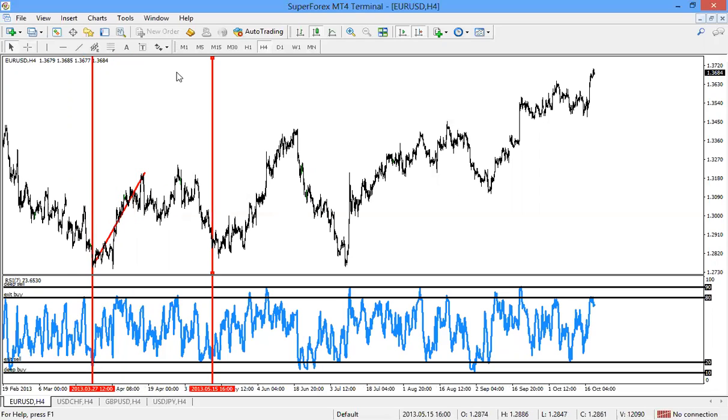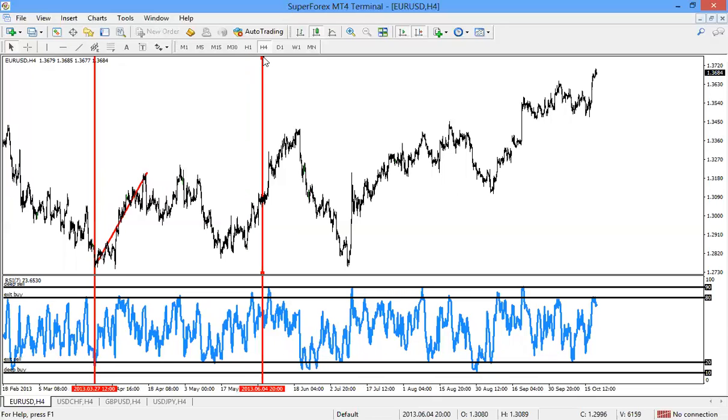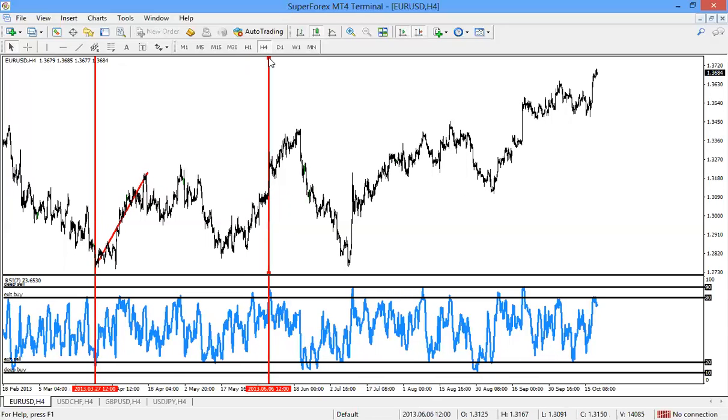We can use this one, or we can use this one. Look here. It is telling you to sell and you sell only to here, then it goes up. Here again, it is telling you to sell, you sell only up to here and then it goes up.